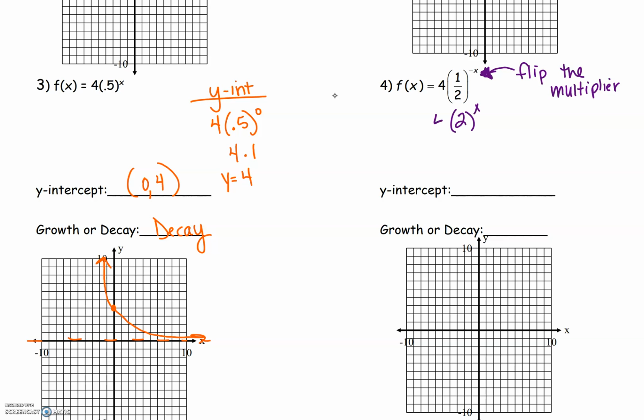And then it becomes our positive x for the exponent. So 4 times 2 to the 0 is 4 times 1, or 4 for our intercept. And looking at 2 now, it is a growth. So we should be going up as we go from left to right. Oh, there's our asymptote dashed line.